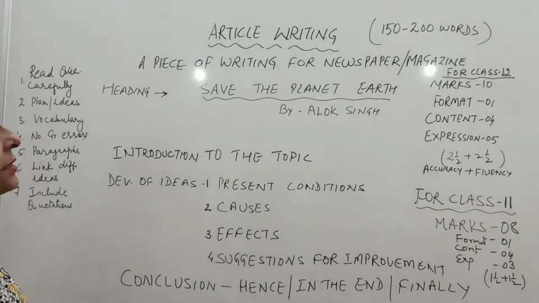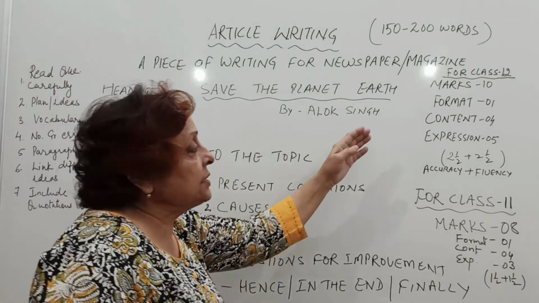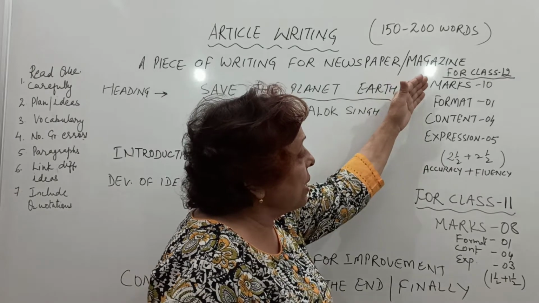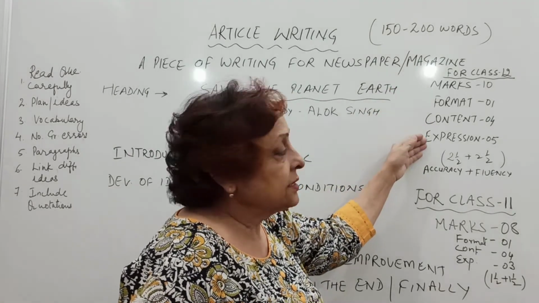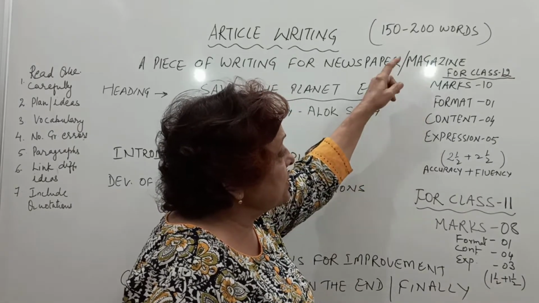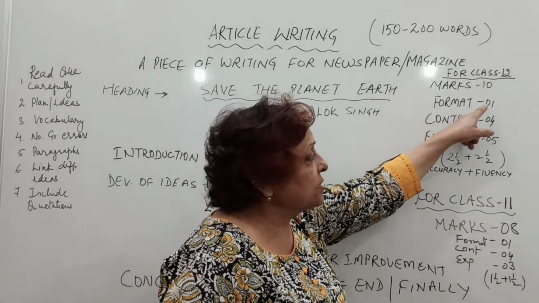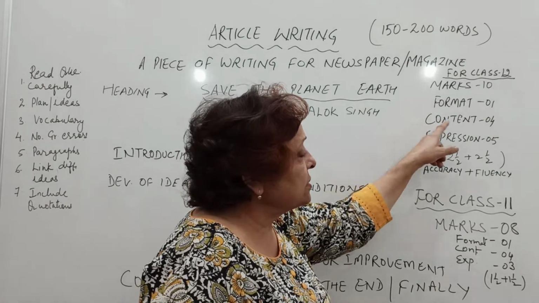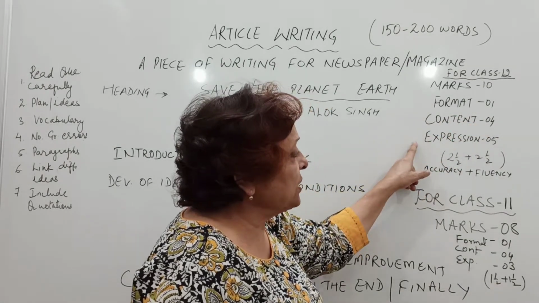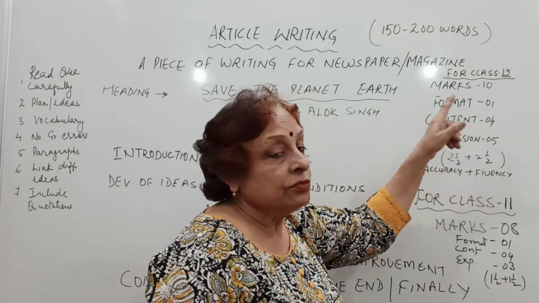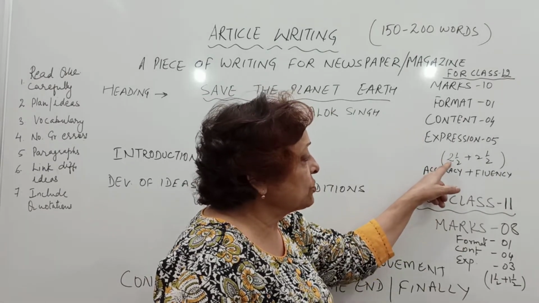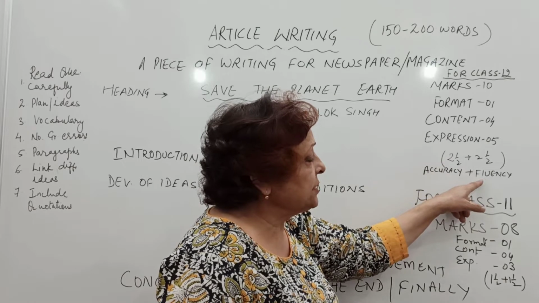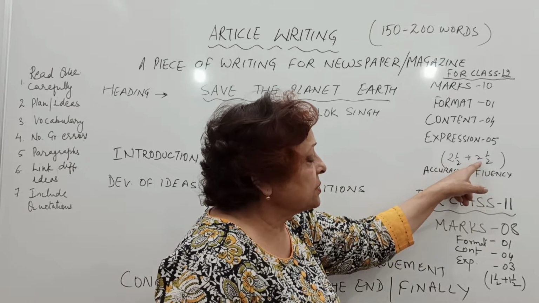Now, how to write this article? First of all, let us see how these 10 marks are bifurcated. The article consists of a format which carries 1 mark, content 4 marks, expression 5 marks, which is further divided into accuracy for 2.5 marks, fluency for 2.5 marks.